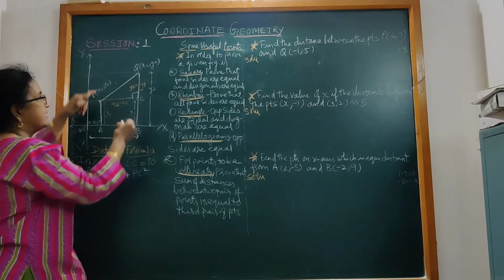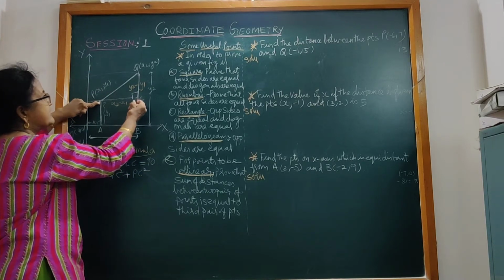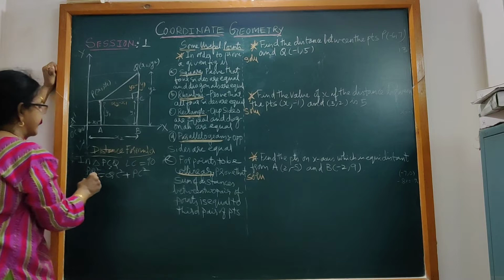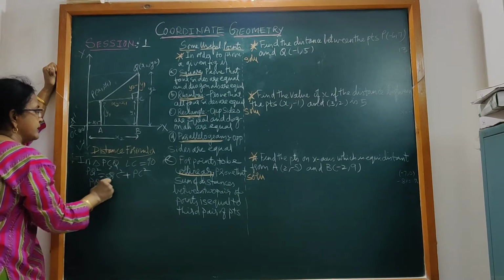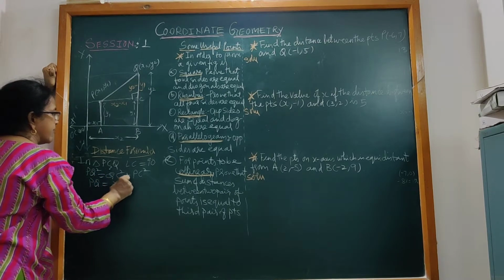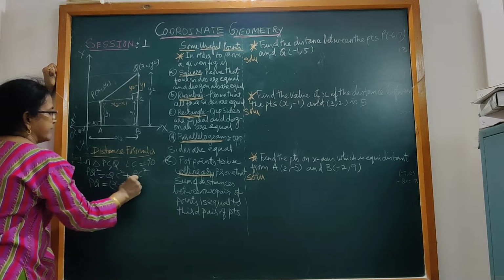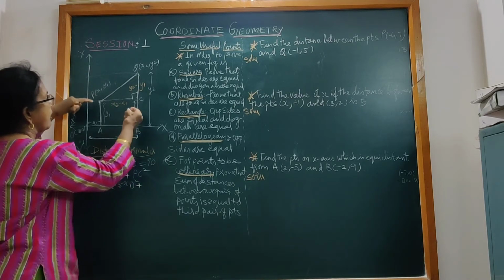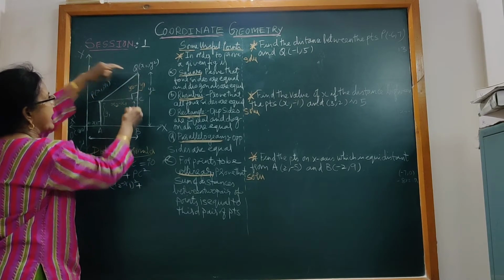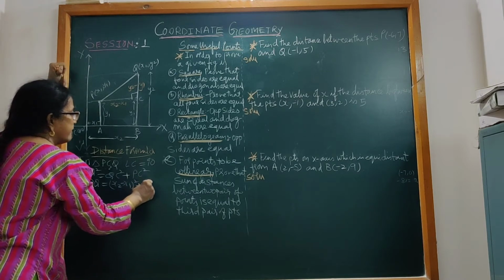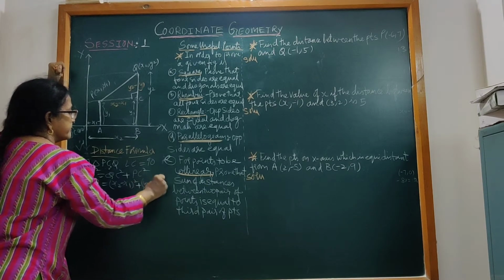Now, we have already seen what your PC square is: x2 minus x1 the whole square. PQ square is equal to (x2 minus x1) square plus what is your QC square? (y2 minus y1) square.